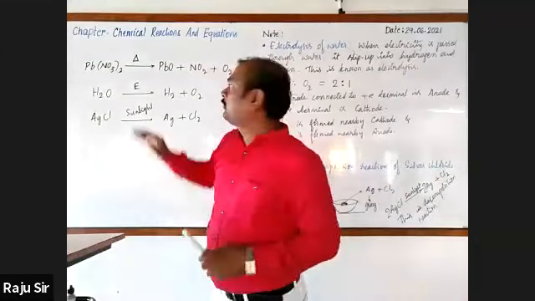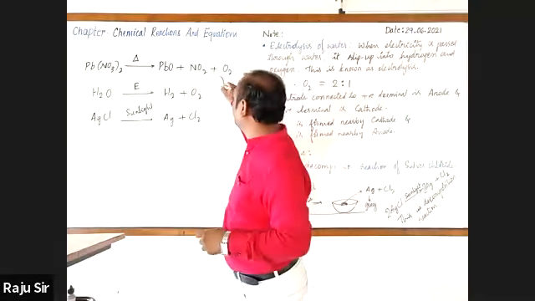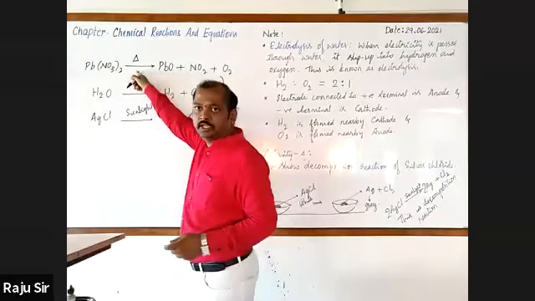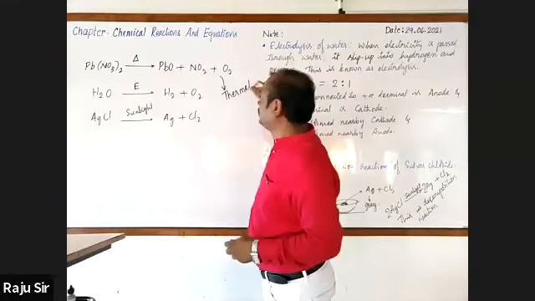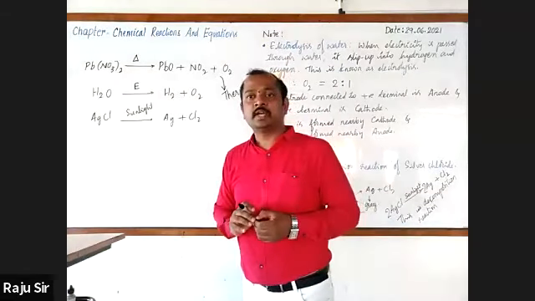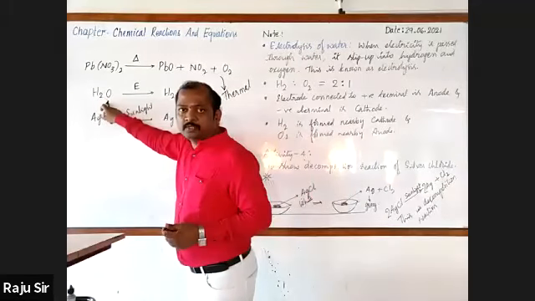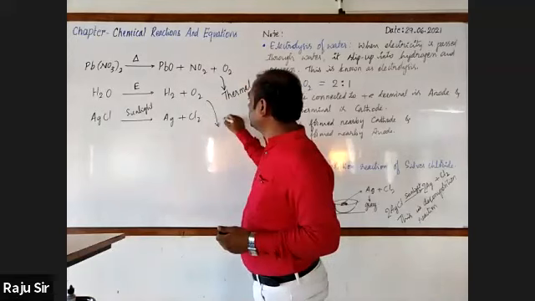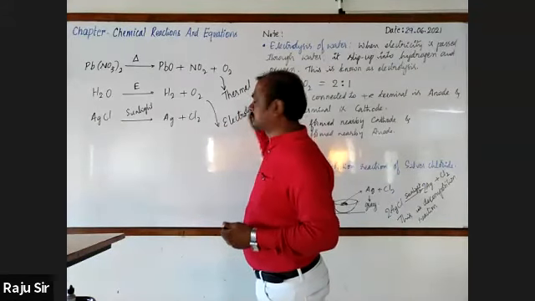Dear students, for each of these reactions, we have given a particular name. If the decomposition reaction is carried out by supplying heat, it is called thermal decomposition reaction. Observe. Next, if the decomposition reaction is carried out by passing electricity, it is called electrolysis.